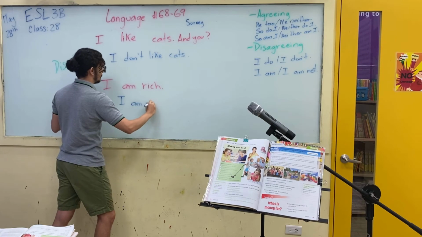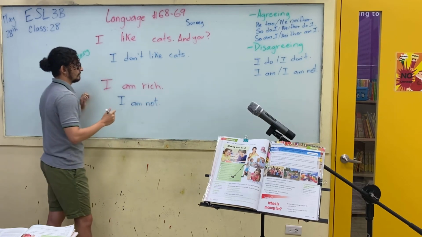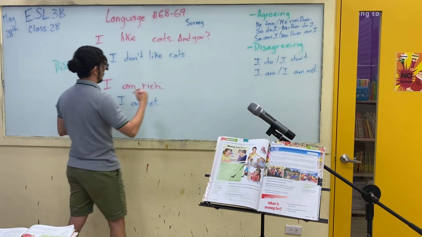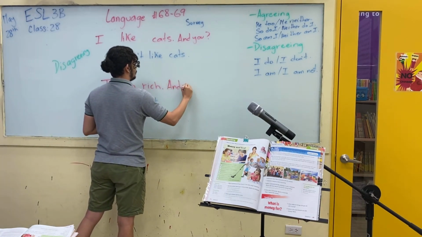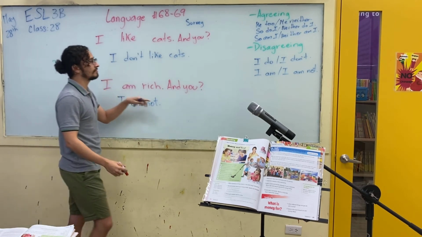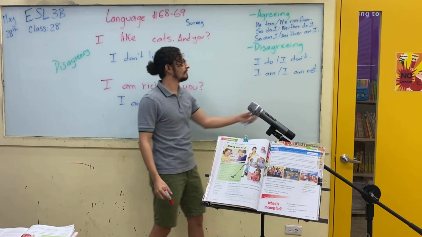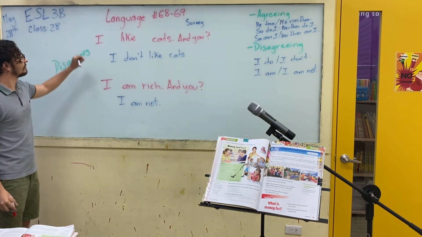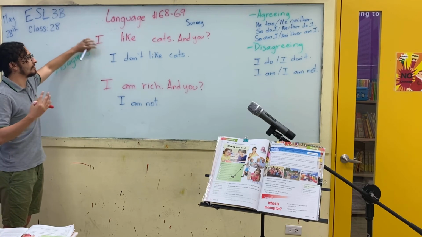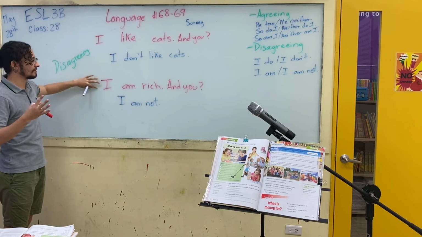I am not rich. Like if they ask you, I am rich, and you? Well, I am not. So we already use these two, the ones on the right, because we are disagreeing with this positive here. It says, I like cats. I don't. I am rich. I am not.